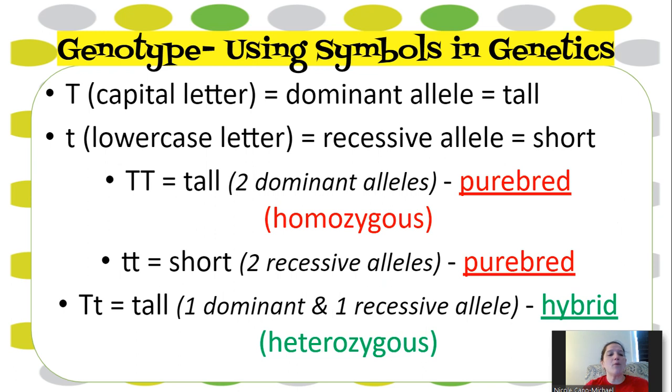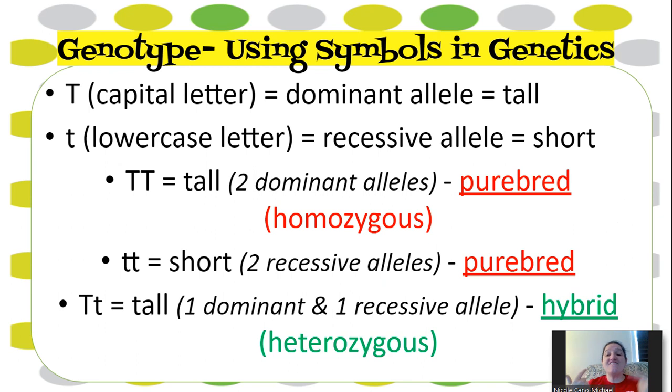On the bottom, what we see is a capital T and a lowercase t. So I have one dominant gene, I have one recessive gene, but that is my genotype, capital T, lowercase t. I got tall from maybe mom, I got short maybe from dad, but I still have that pair.